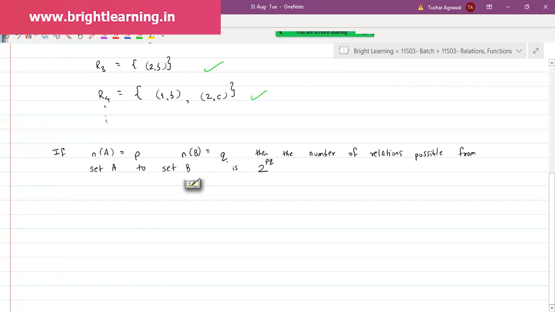The cardinality of A cross B will be PQ and the total number of subsets will be 2 raised to PQ. This property should be clear.